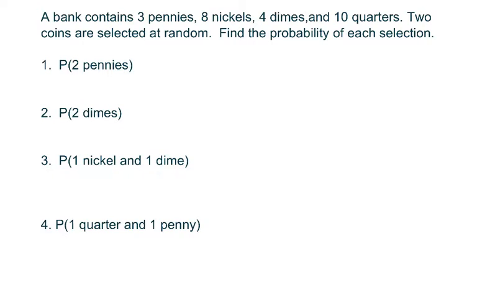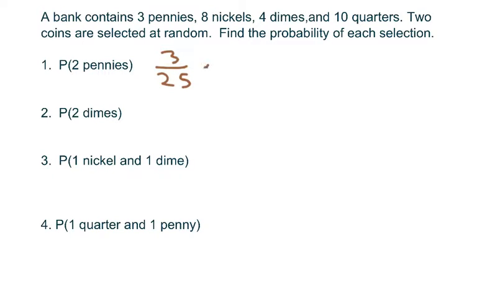Okay, another thing with probability is with pennies, nickels, dimes, and quarters. And we're going to kind of do the same thing. The probability of 2 pennies. So we could do 3 out of, what's my total here? 11 and 14. So that's 25 total.